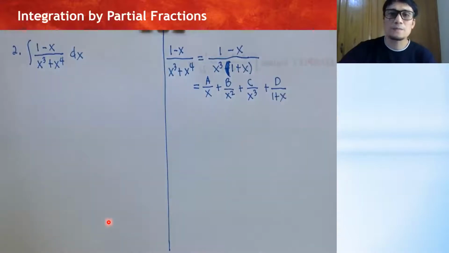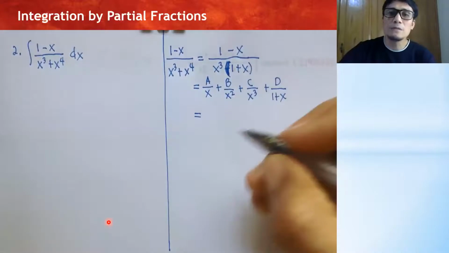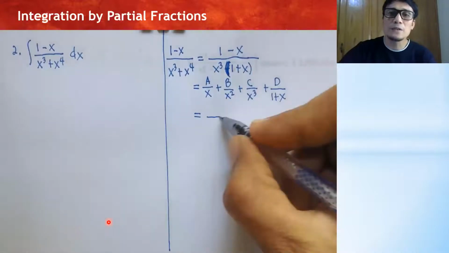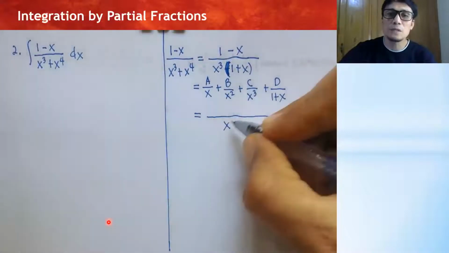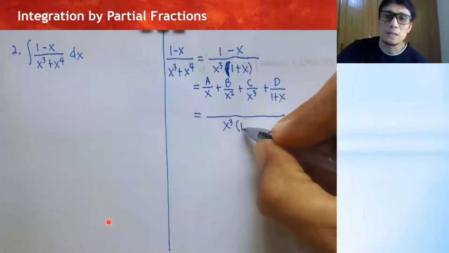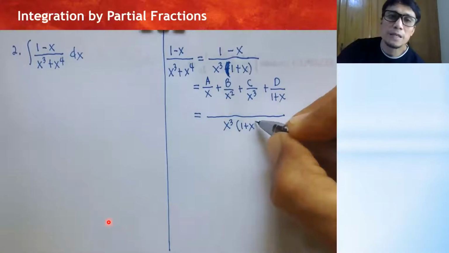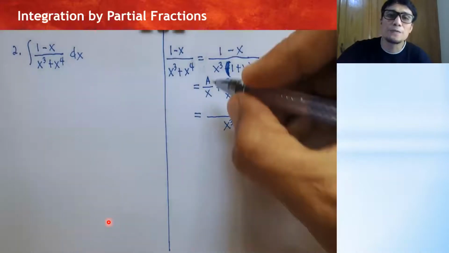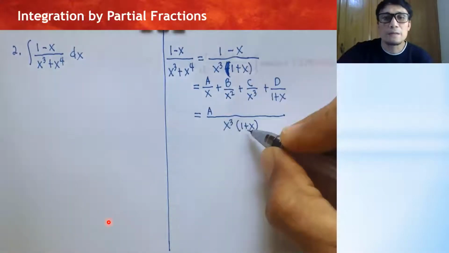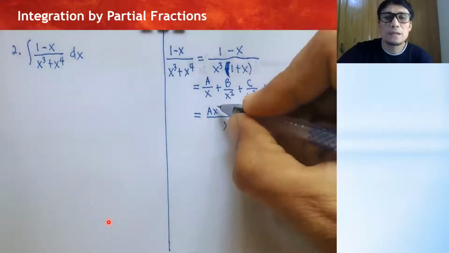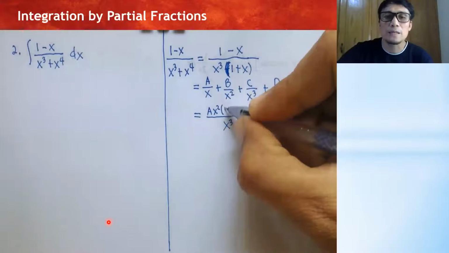Then we combine this as a single fraction. Obviously, the common denominator is the original denominator there, which is x cubed times 1 plus x. And then the first numerator will become a times x squared times 1 plus x.